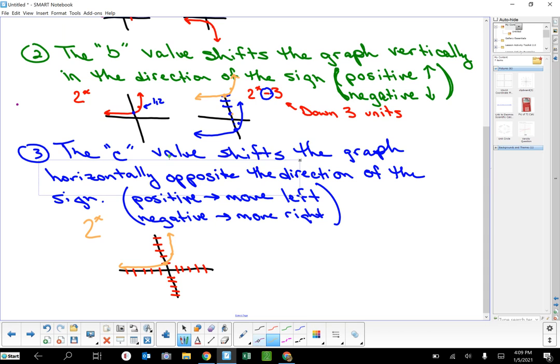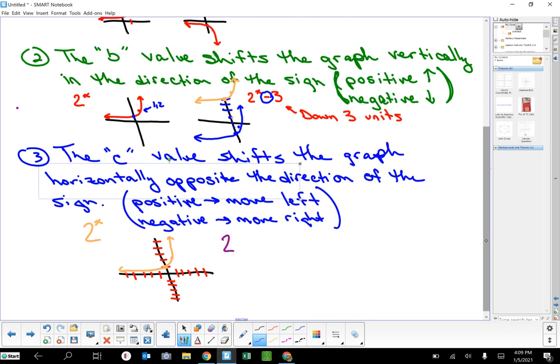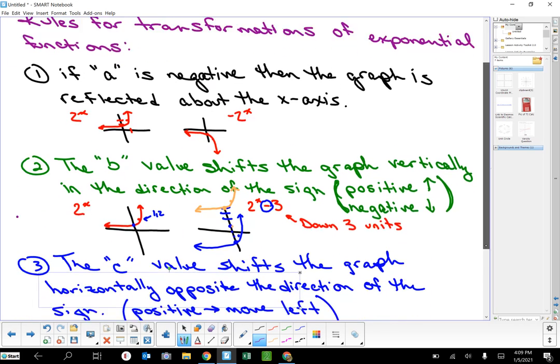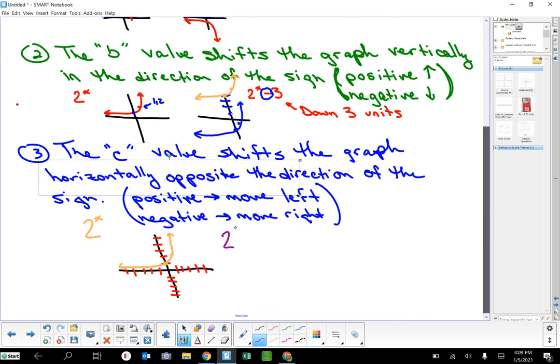And then if we take and do 2, now look back at the original. So we're talking about this up in here, x plus c. So this is up in the exponent. And let's go x minus 2 up in the exponent. So now a negative is going to move this.